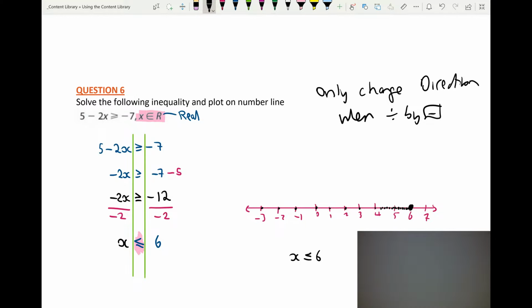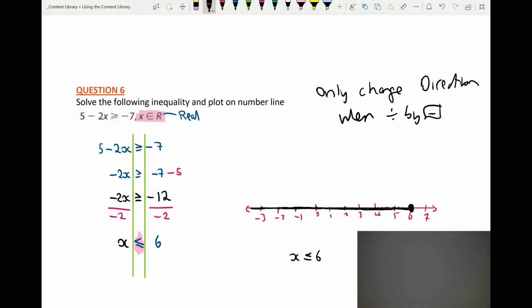So instead of drawing all these dots, we literally just draw a solid line down your number line. When you see a solid line, that means you're sketching all the real numbers on that number line. And I have a solid dot here on the 6. Okay, so hopefully that answers question 6 there.